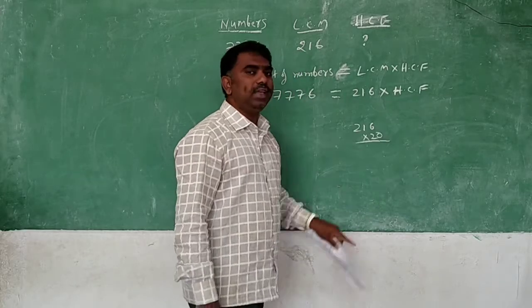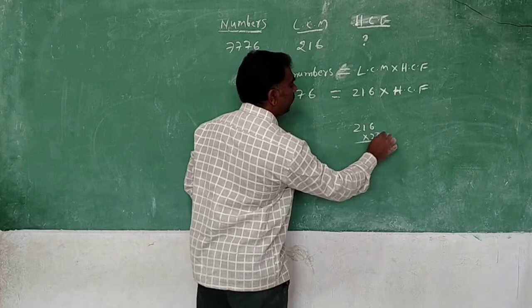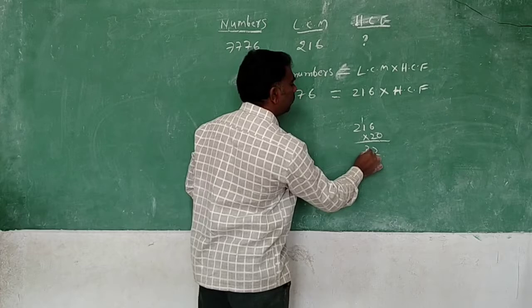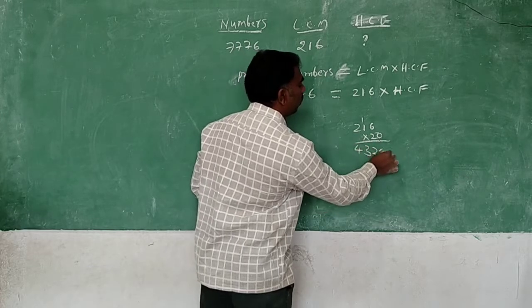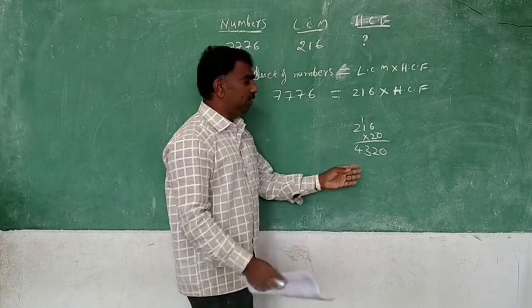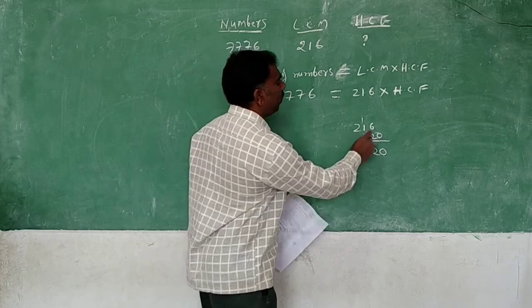First of all you guess 216 with 20. Here 20 is there. You multiply with 2, and 0 you will leave for now. 2 sixes are 12. 2 ones are 2, plus 1 is 3. 2 twos are 4. Then I add the 0. So even with 20, I am getting only 4300. But it is 7000. So that's why I go for 40.